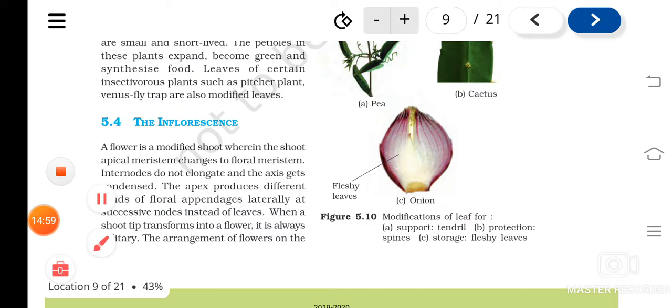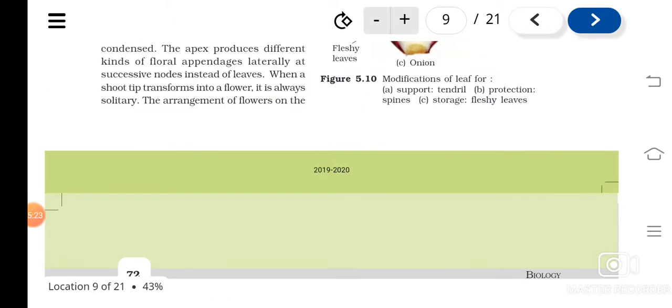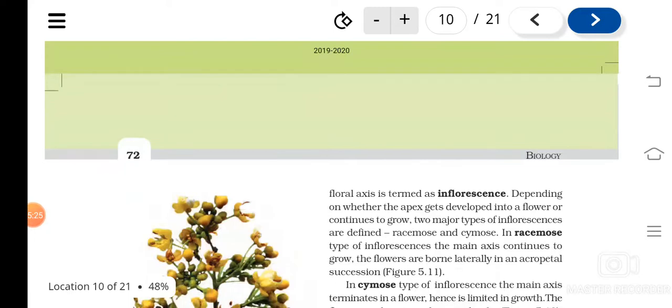The next portion is the inflorescence. From here only this year you need to learn. So what is inflorescence? Sometimes you can see flowers group together to form a big structure. That is known as inflorescence, the arrangement of flowers on the floral axis.